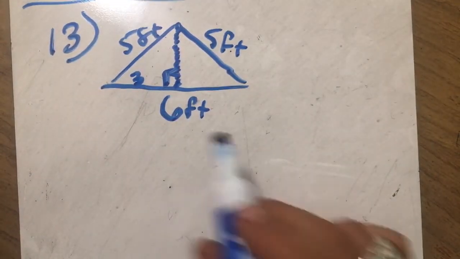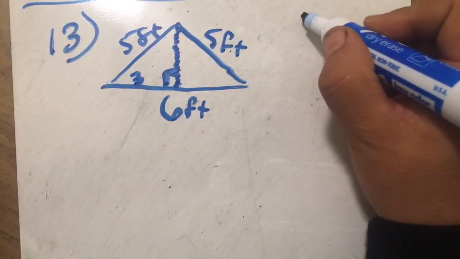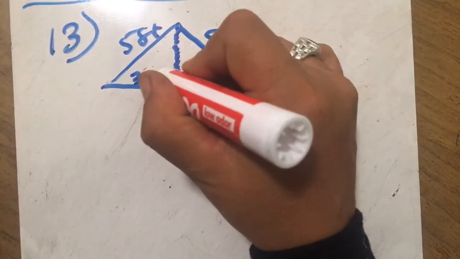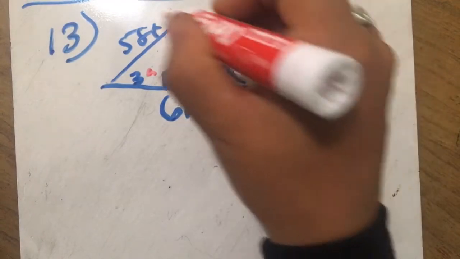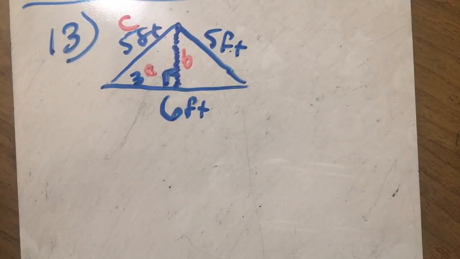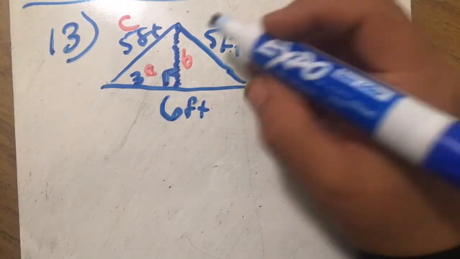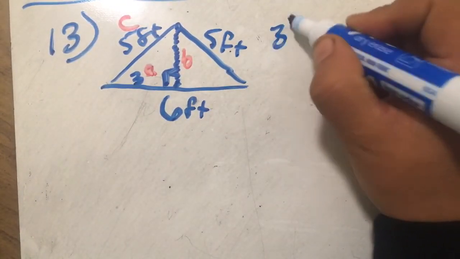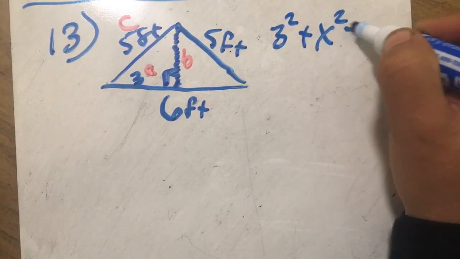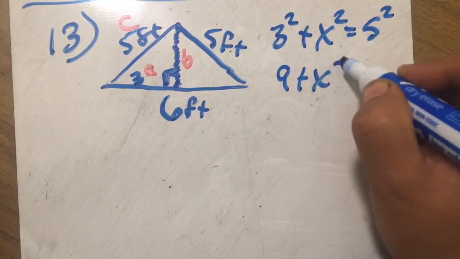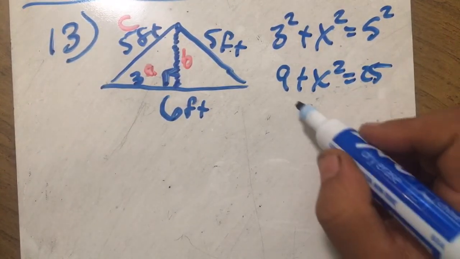In the process of then solving and calculating 3, again, you must label your sides properly. This is A, this is B, this is C. It doesn't really matter which one's A or B, but just understand that at the moment B is my unknown. This becomes 3 squared plus x squared equals 5 squared. 9 plus x squared equals 25.